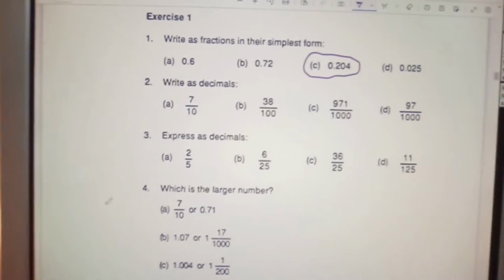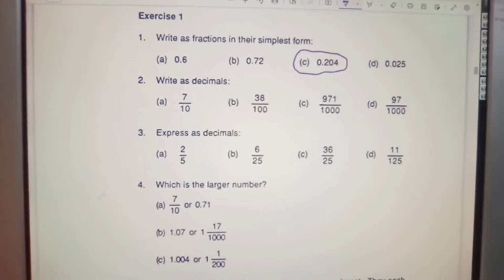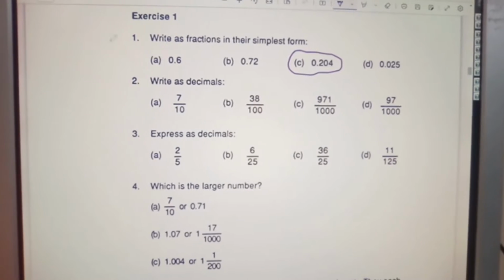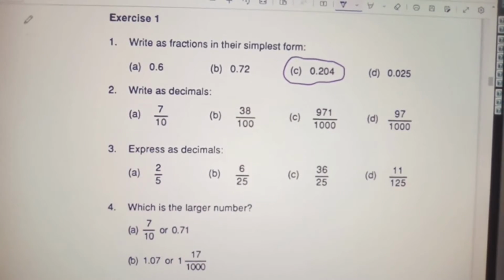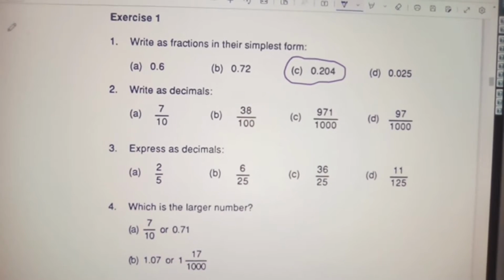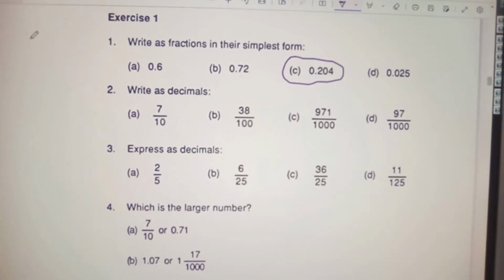So let's have a look now. We're converting decimals to fractions, and again, I repeat, we're converting decimals to fractions.